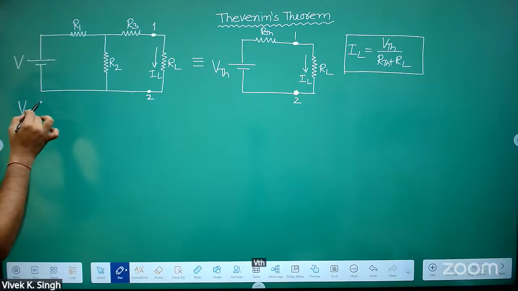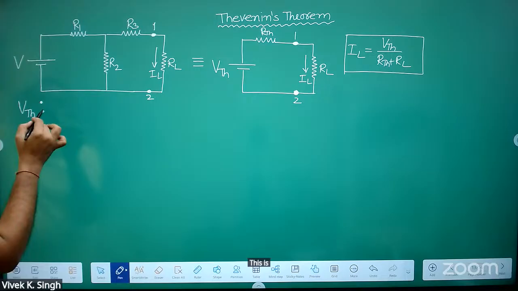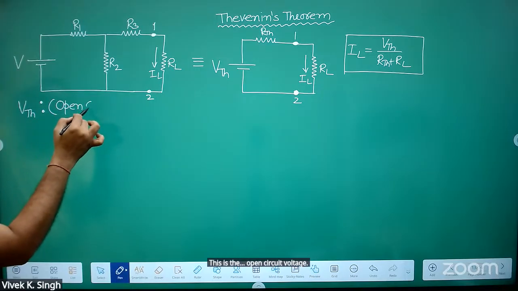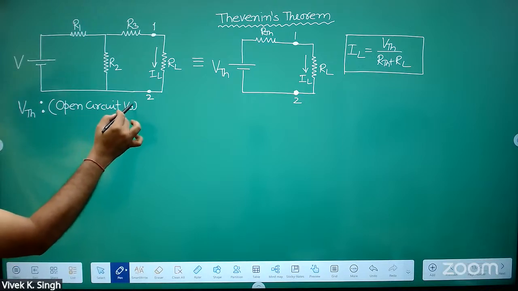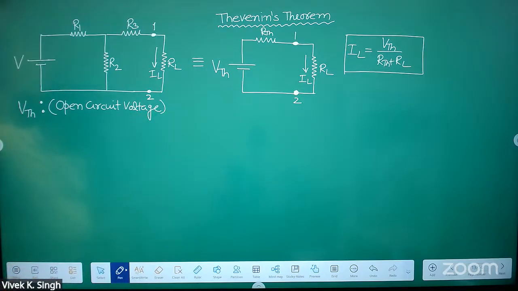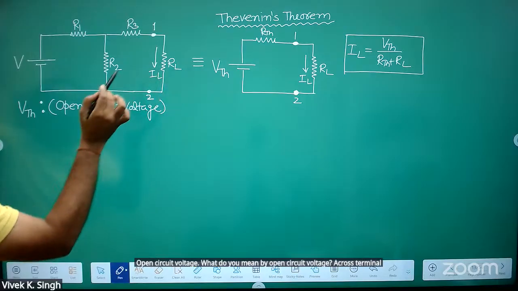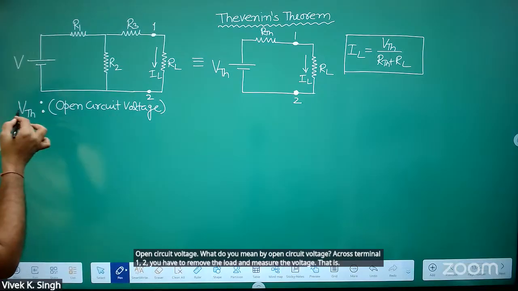VTH is Thevenin's voltage, and this is called the open circuit voltage. What do you mean by open circuit voltage? Across terminal 1, 2, you have to remove the load and measure the voltage. That is open circuit voltage or VTH.